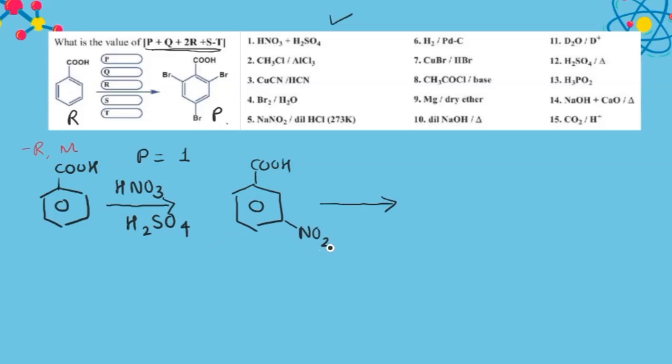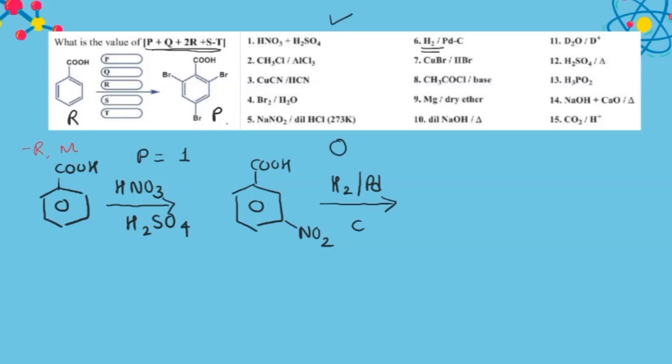Now, I have to reduce this nitro to amine because amine is an electron donating group. That's what I told you, right? We have to introduce an electron donating group. Nitro is also electron withdrawing. So we need a reducing agent like lithium aluminum hydride or hydrogen in presence of a catalyst. So here we have only this as an appropriate reducing reagent, right?